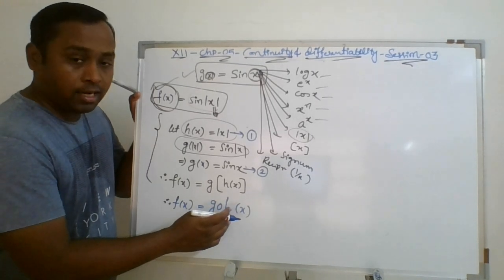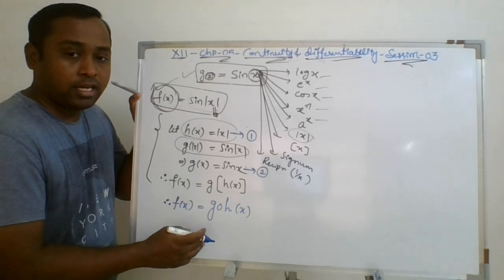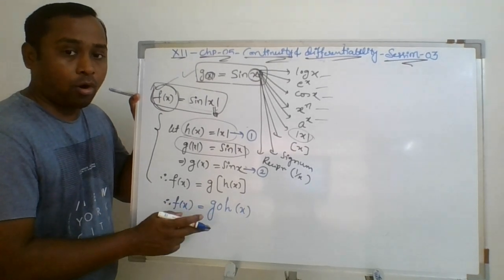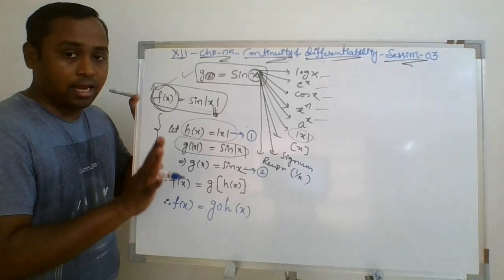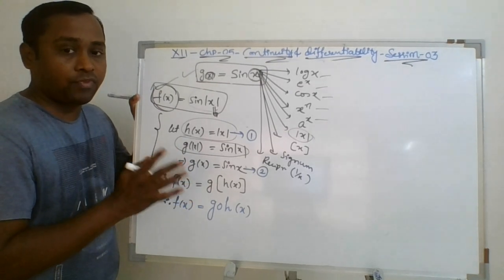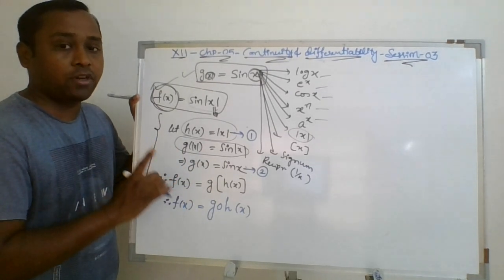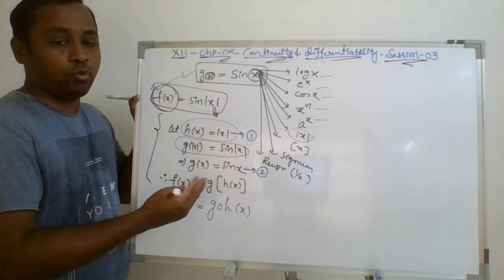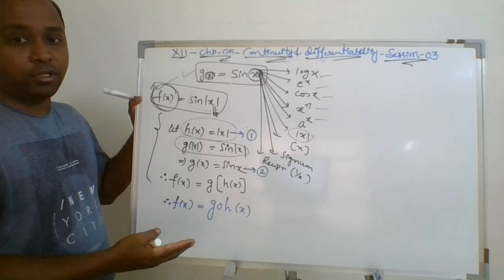So g circle h, we have already discussed this language: gof, fog, and gog. These are the composition functions we have discussed in the relation and function topic. There itself we were discussing the composition of two functions and more than two functions, right?